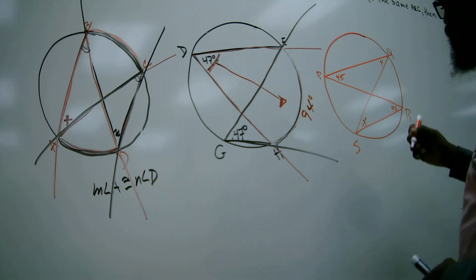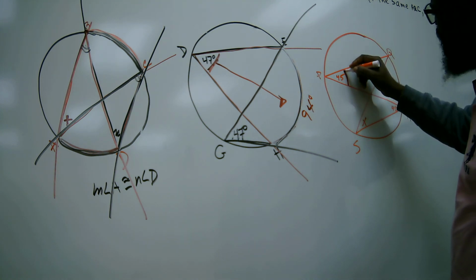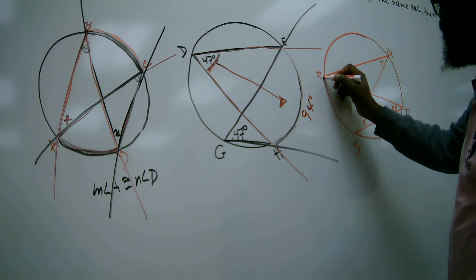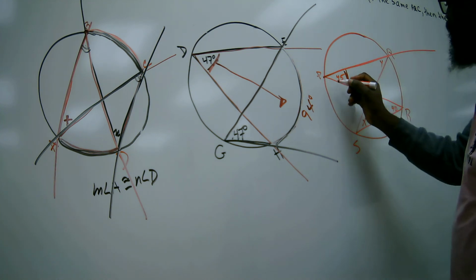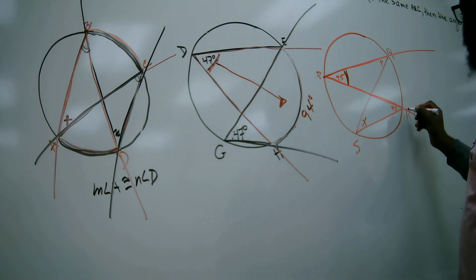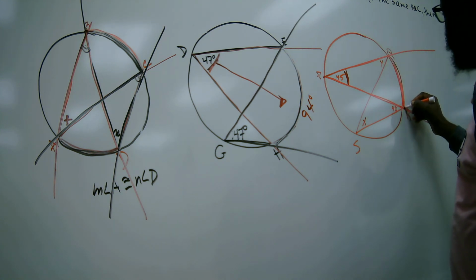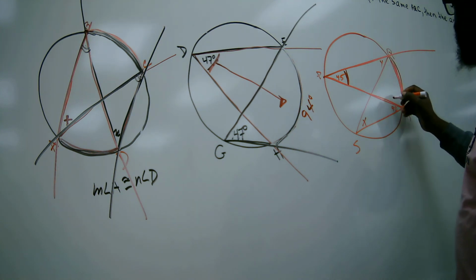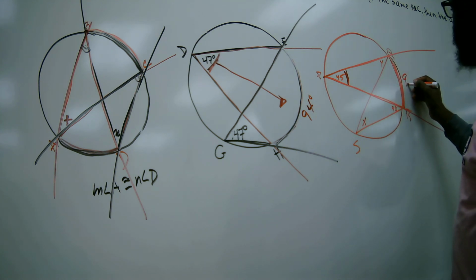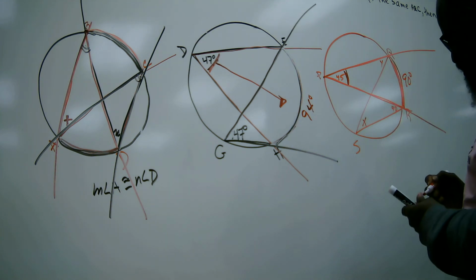Here, I have this angle which is 45. Then if I trace it, I will end up with that. In this case, that will help me find anything that I want. This will be 90. 2 times 45 is 90.